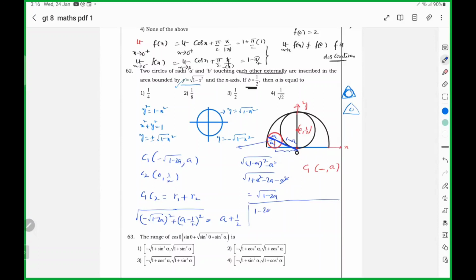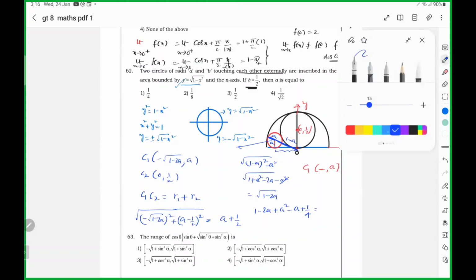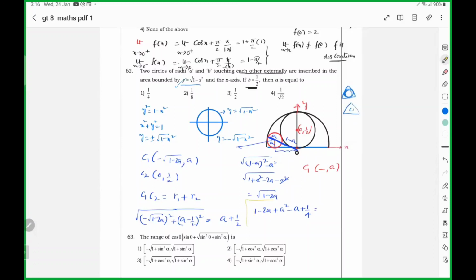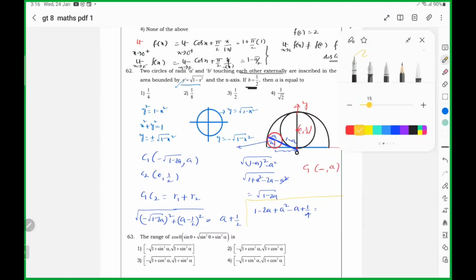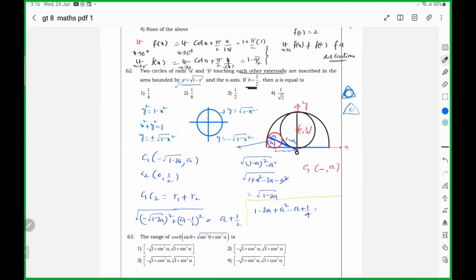Squaring both sides, you get a square plus a plus 1 by 4. A square gets cancelled, 1 by 4 gets cancelled. 1 is equal to 4a. So a becomes 1 by 4.